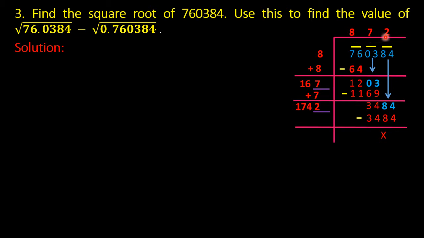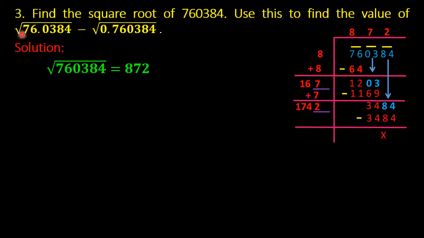So 872 is the square root of 7,60,384. After finding the square root by long division method, we write the answer for the first part of the question. So the square root of 7,60,384 is 872.